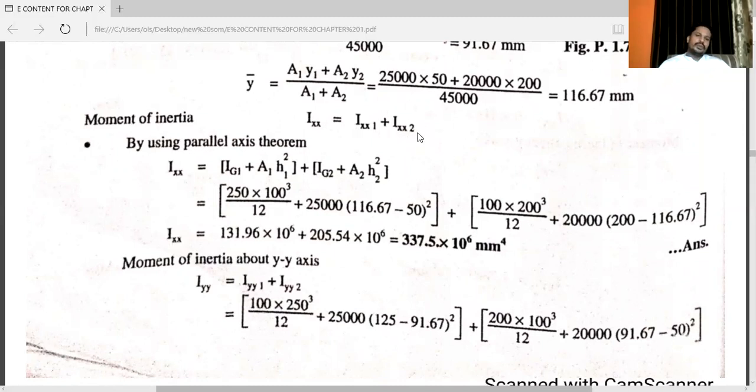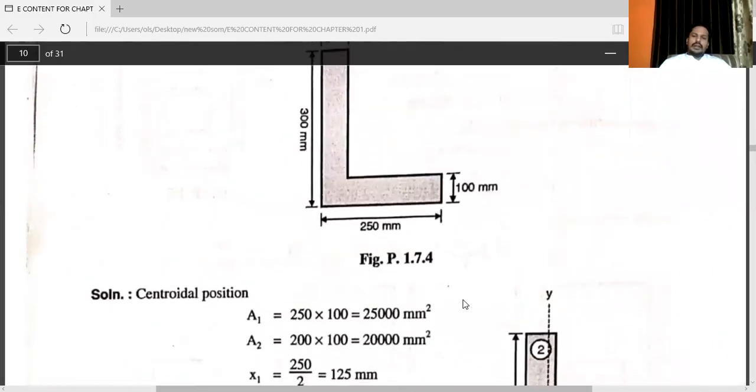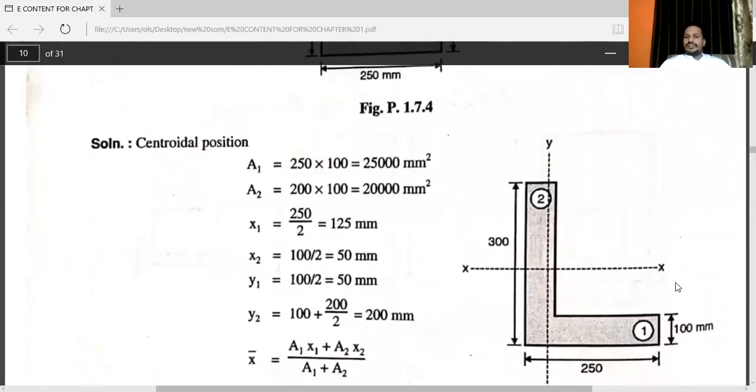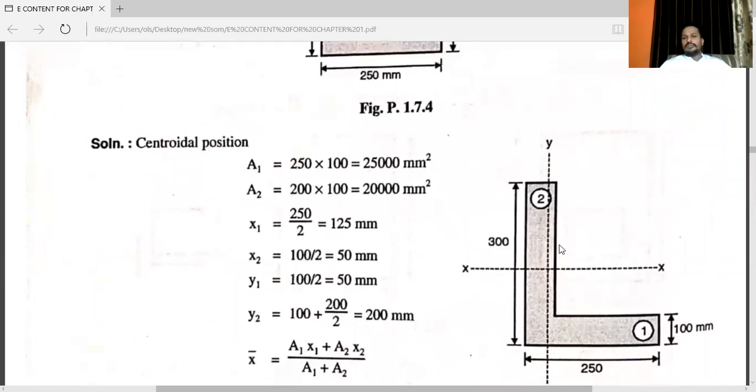See, here we are considering the x-axis of an entire diagram. Here, x-axis of an entire diagram. This one is a vertical axis for an entire diagram. See the cursor location.